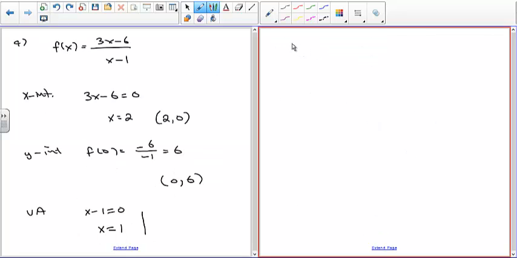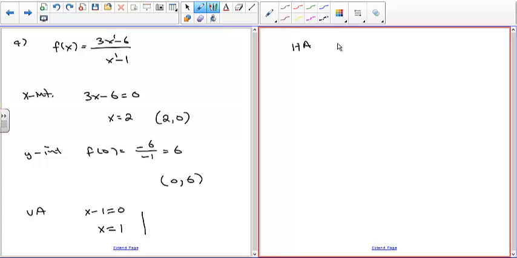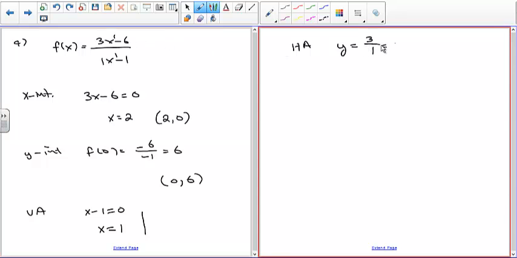As far as the horizontal asymptote is concerned, because the two highest order terms, which are x, are the same, you take the ratio of leading coefficients, which is 3 and 1, so you get a line. So the line is y equals 3. Not just horizontal asymptote is not 3. y equals 3 is the horizontal asymptote.